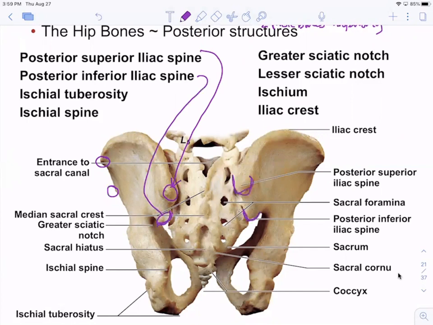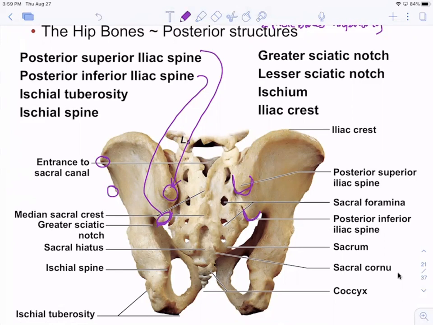These are landmarks that you can feel or palpate when you're trying to assess if legs are the same length. Physical therapists always pull legs out and look for the anterior superior iliac spines, kind of line them up to make sure the hips are level. Then you can check lower leg length. You don't want the hips on one side to be higher than the other because then you're not really assessing limb length.